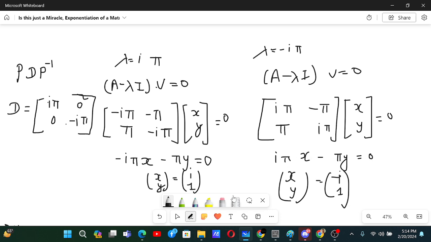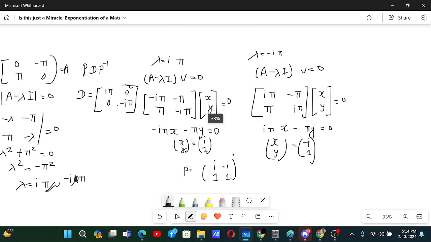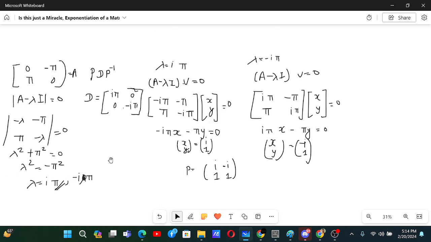Okay, now we have two eigenvectors, and if we have two eigenvectors, we can find the P by just combining them. i 1, minus i 1. Okay, so this is the P. So now we have finally expressed A in terms of P D P inverse.